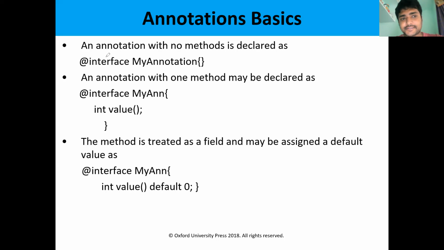So let us check the syntax. Every annotation starts with the at the rate symbol. Interface is a keyword. MyAnnotation is the annotation name, and then the body. Suppose, for example, let us see this example. I'm defining an interface.